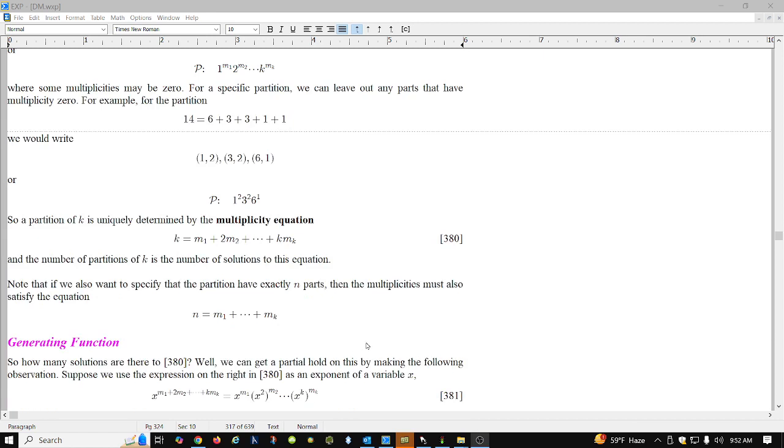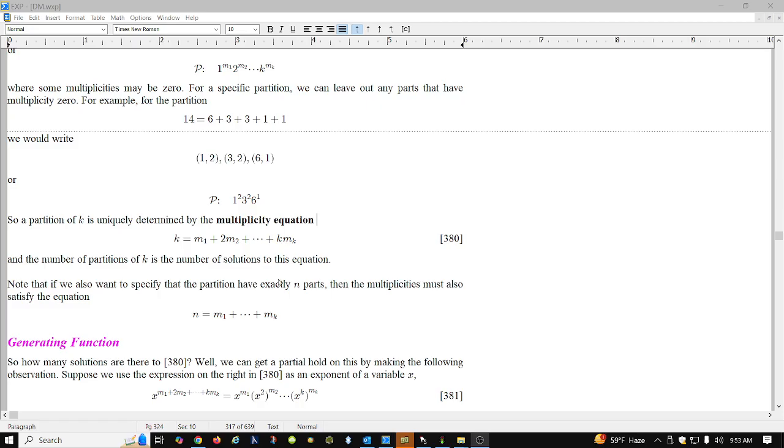If we also want to specify that the partition should have exactly n parts, then that's described in terms of multiplicities by this equation. The sum of the multiplicities would then be equal to the number of parts, which is n.